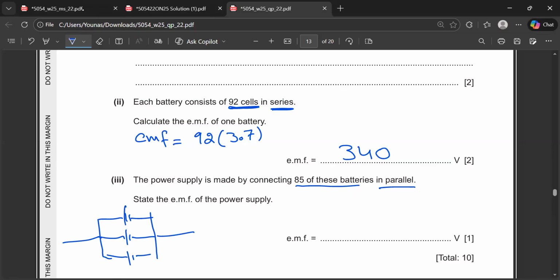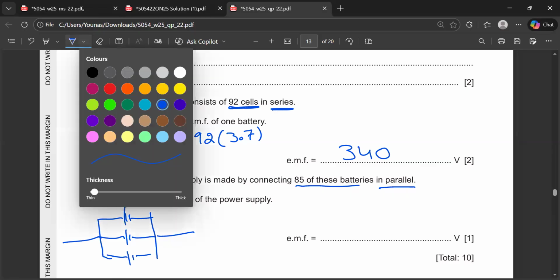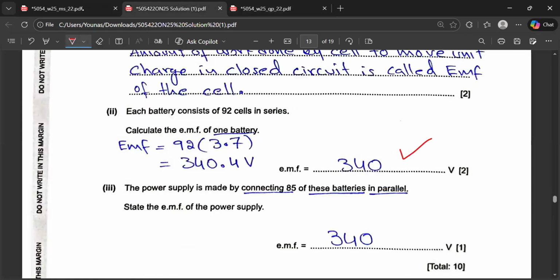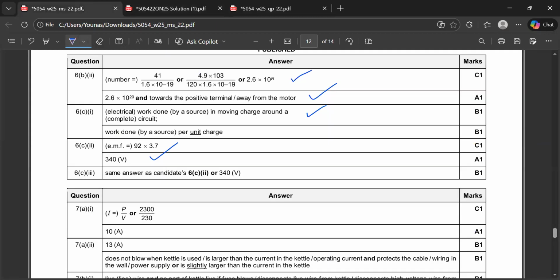The EMF of the whole combination will be equal to the EMF of an individual battery. So it will also be 340 volt. It's a conceptual thing, so I hope you understand this.